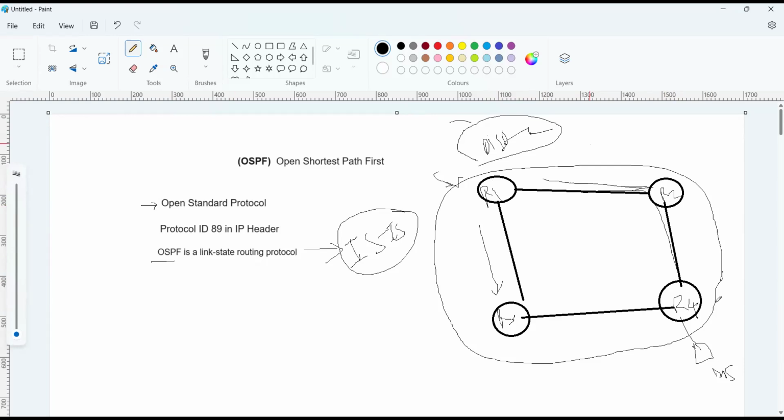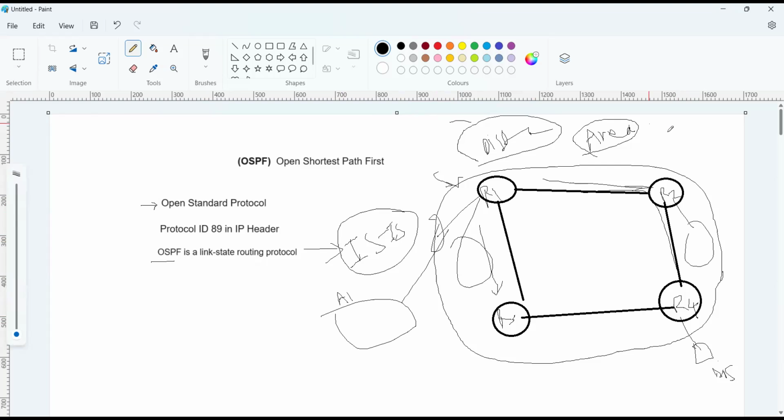So here we have the area concept. That is the reason we have the area concept in OSPF. If we have multiple areas, those many routers' information we have in OSPF. You can assume this is area 1 and this is area 0.